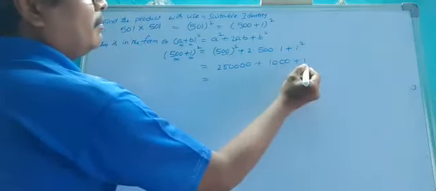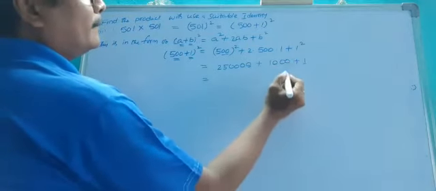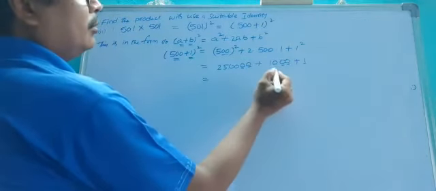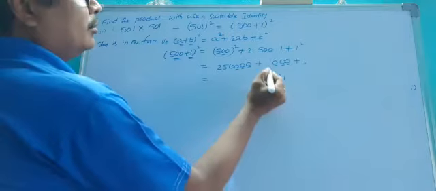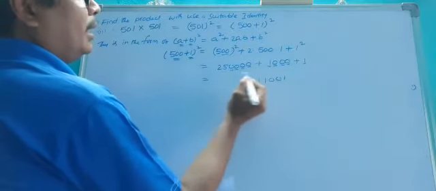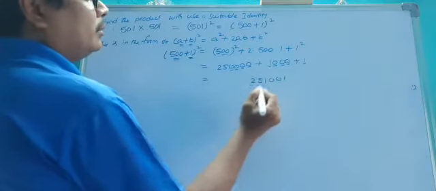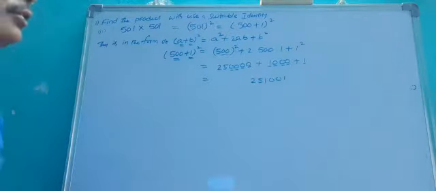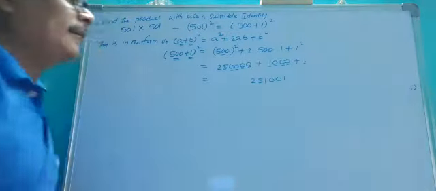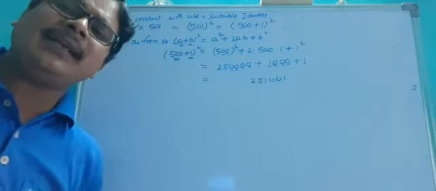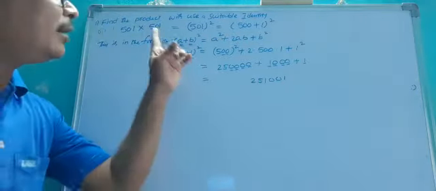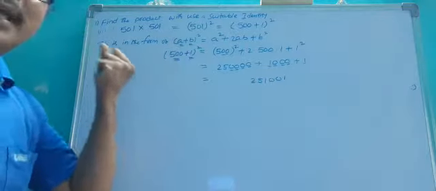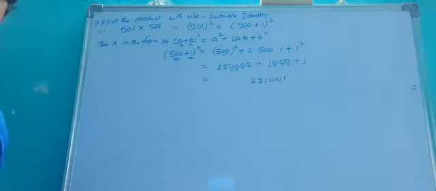You add all of them: 251,001. So that is the answer. With the help of special products, you have to find this type of products also.